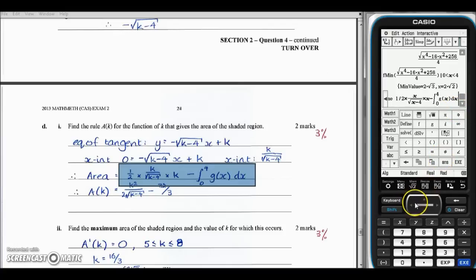Invalid name. Why is that an invalid name? That's because I wrote define and I just started typing. I didn't actually call it anything. That was stupid. So let's call it, I don't know, let's call it A for area. So A of x equals and then we type in our function.